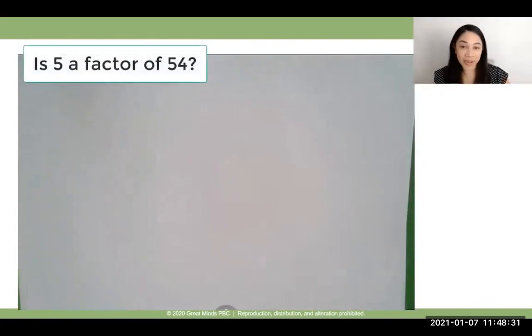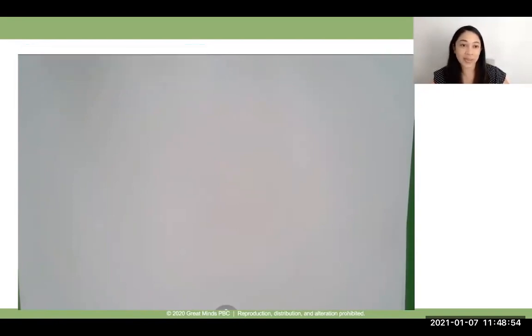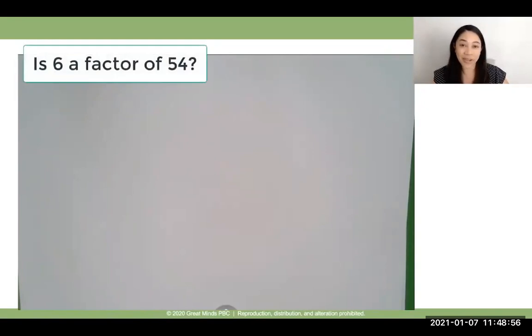Is 5 a factor of 54? Is it necessary to divide to figure out if 5 is a factor of 54? Note, when we count by 5s, each number ends with 5 or 0. 54 doesn't end with 0 or 5, so 5 is not a factor of 54. Is 6 a factor of 54?